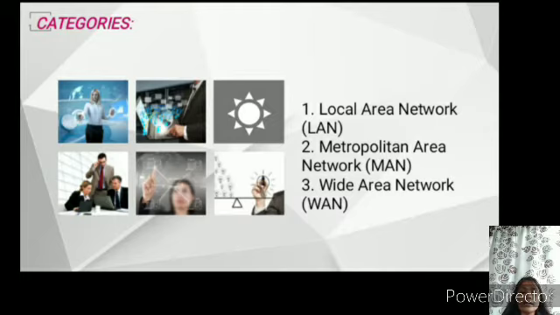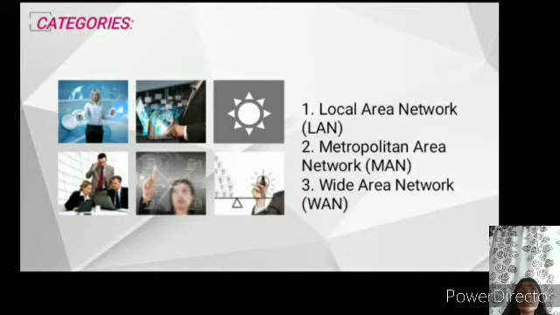The geographical area covered by a MAN is comparatively larger than a LAN, but smaller than a WAN. One common example of a MAN is a cable television network within a city. A network device known as a router is used to connect the LANs together. The router directs the information packets to the desired destination.